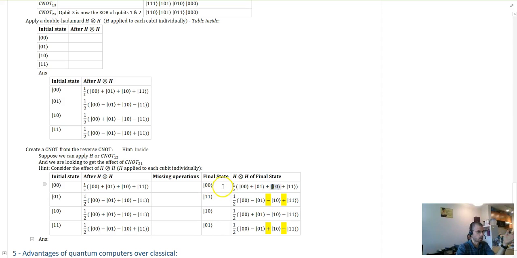All right, so the Hadamards of these are this, and if we compare this column here to this column here, the differences are really some negative and positive signs here. All right, so we want to switch some negative and positive signs here.